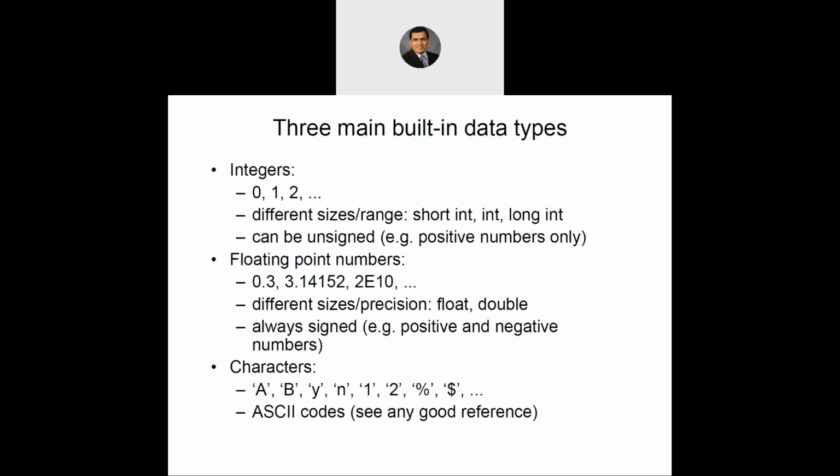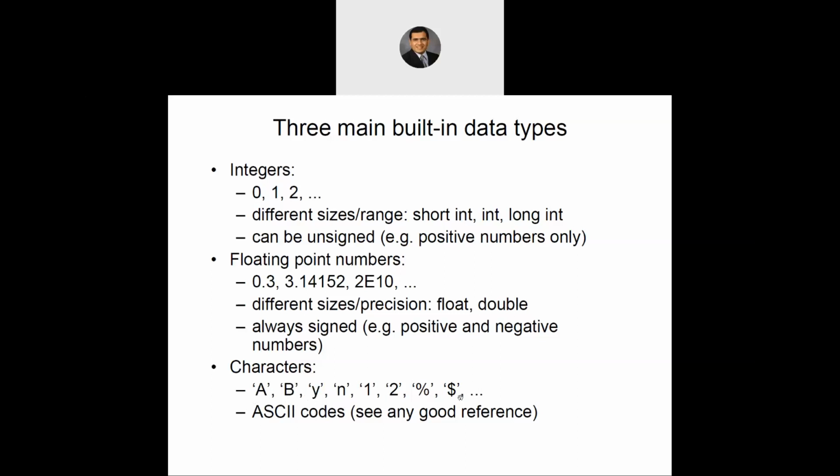When you create a variable, you have to mention what is the data type of the variable. We have got many data types, but the fundamental amongst them are integers, decimal point, which is floats, and characters. Characters are enclosed in single quotes.